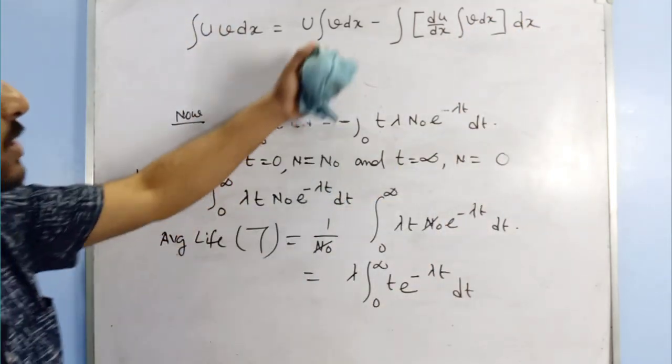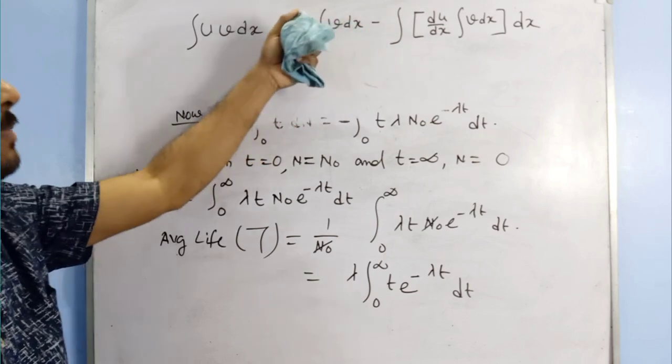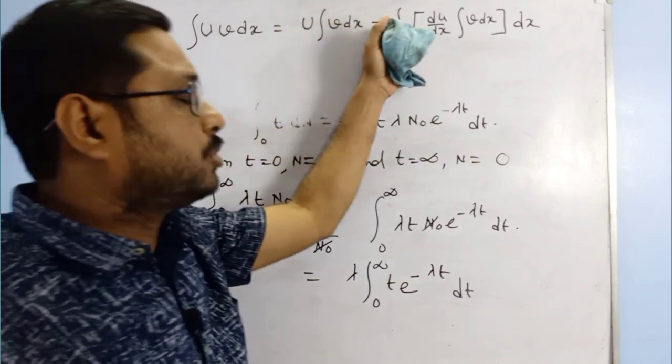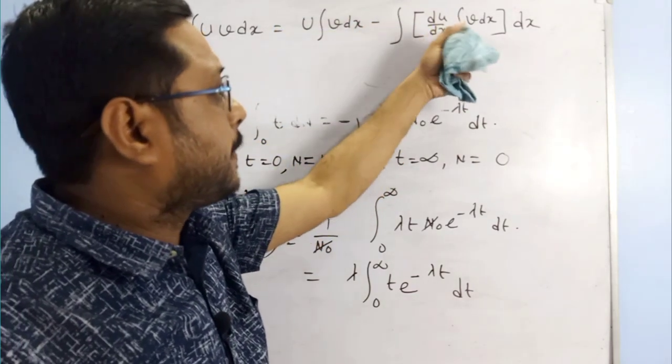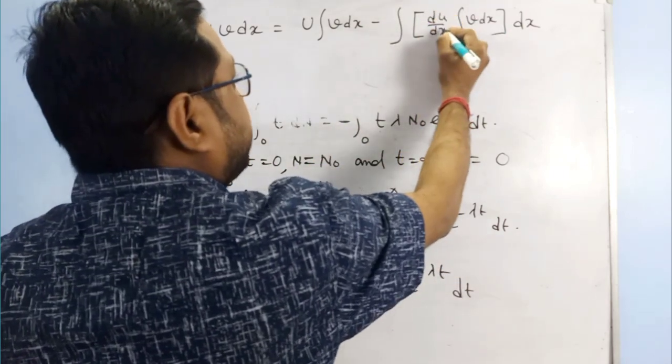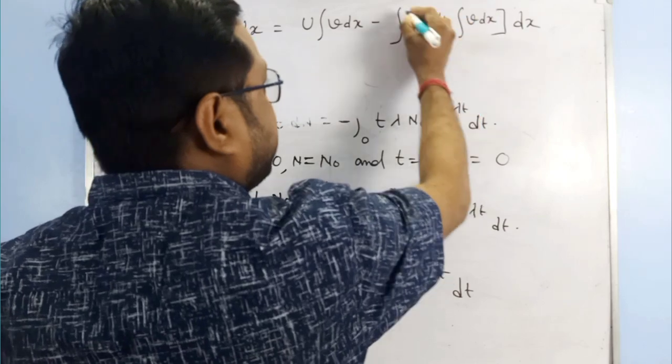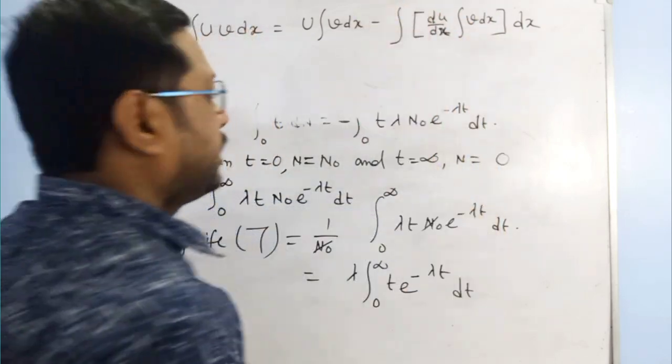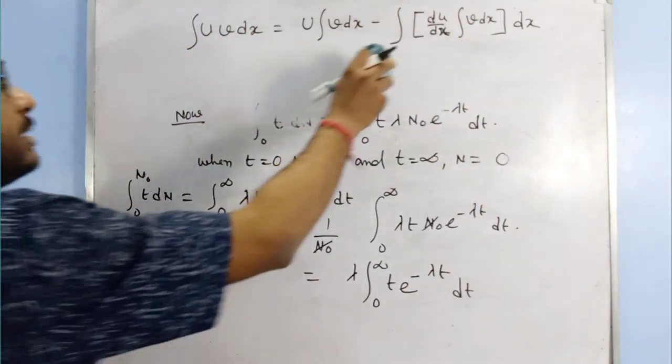That is, at first we integrate the second term keeping the first term fixed, then put the negative sign, then we differentiate the first term u and integrate the second term, and then we integrate the whole value.